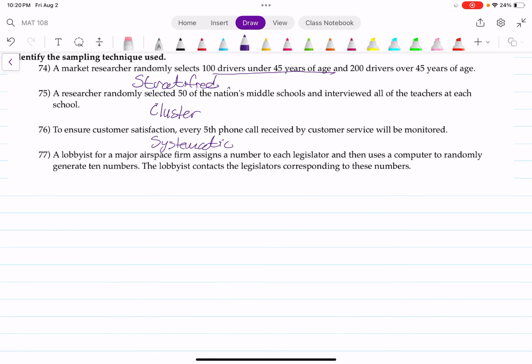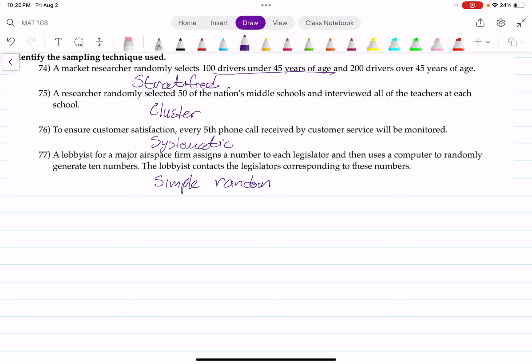Number 77, a lobbyist for a major aerospace firm assigns a number to each legislator and then uses a computer to randomly generate 10 numbers. The lobbyist contacts the legislator corresponding to these numbers. This is an example of a simple random sampling.